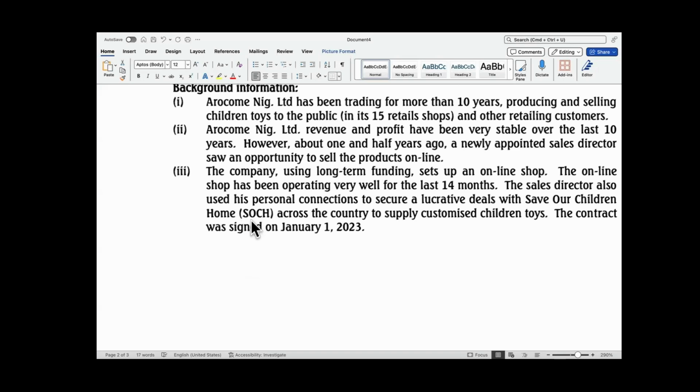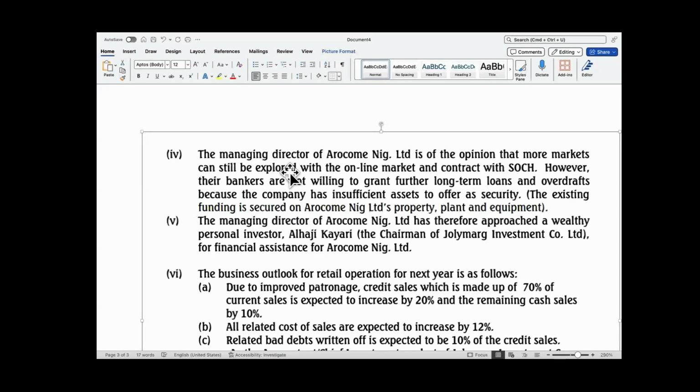Now they need more money. They went to the bank. The bank refused them, saying that they have insufficient assets, that their existing funding is already secured on their existing PPE. So they said they can't give them additional funds. And that's why they approached the chairman of your company, Alhaji Kyari, who is the chairman of Jolimag Investment Co. And you are supposed to be advising Alhaji Kyari whether he should invest in Agrocom or not.